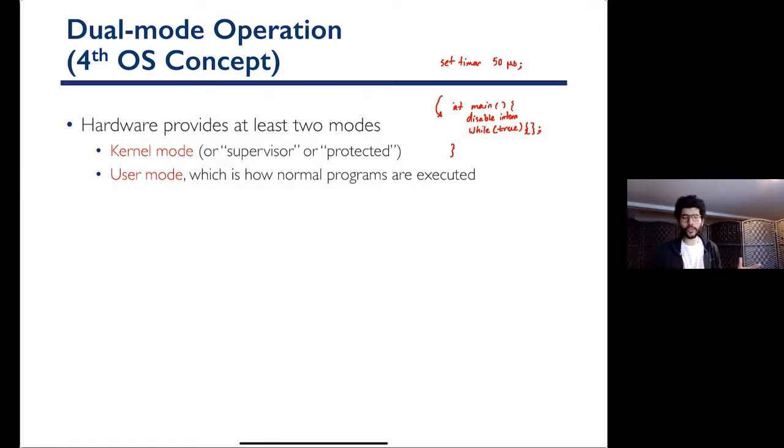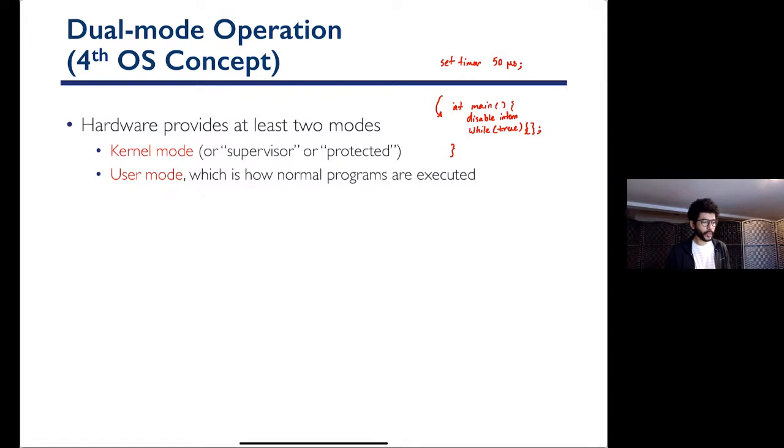Any code that runs in supervised, protected, or kernel mode, we call it a kernel. The other mode, where we want some protection and some limitations, we're going to call user mode. In user mode, there are some operations that are not permitted.